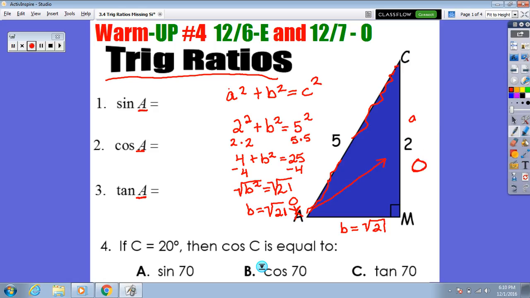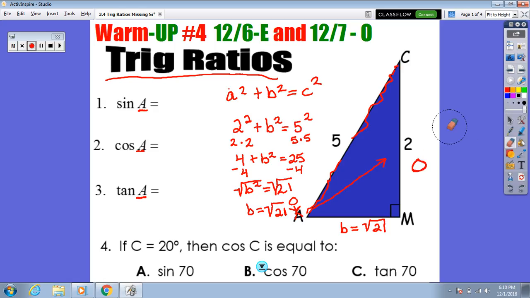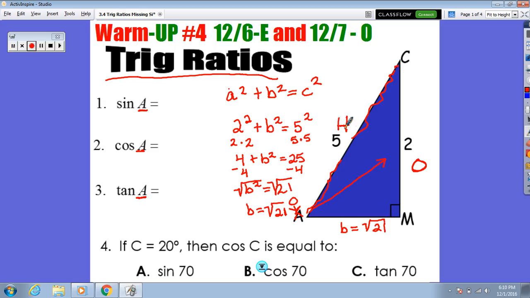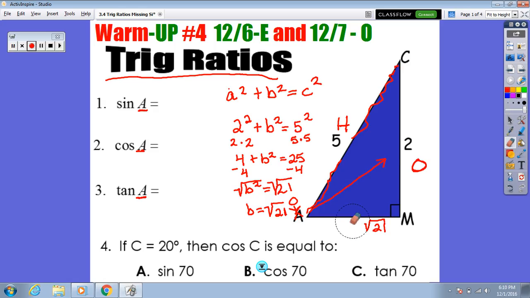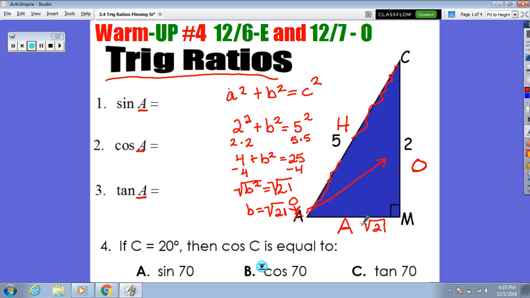I got the O. This side was the hypotenuse, and this side over here is going to be the adjacent side. So I'm going to put an A on this side for adjacent. Now that we know the measurement of all the sides, we can now write our trig ratios.